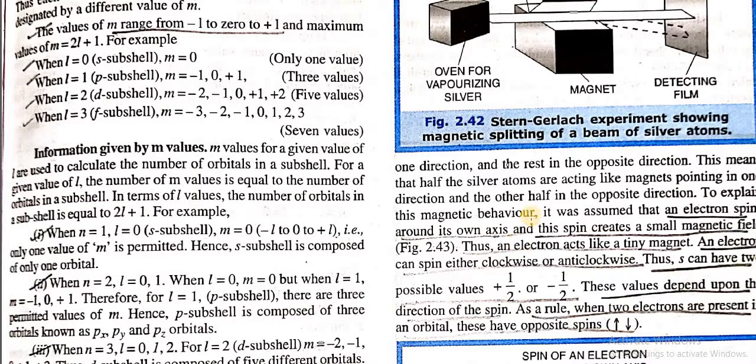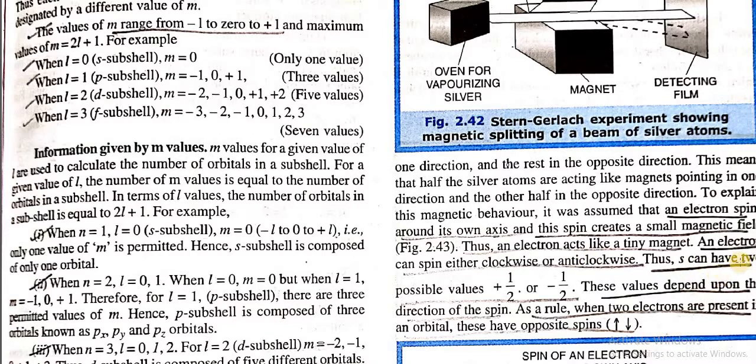An electron not only revolves around the nucleus but also rotates on its own axis, and because of this spin it creates a small magnetic field. Therefore, an electron behaves as a tiny magnet. Its spin can be either clockwise or anti-clockwise, only two values.